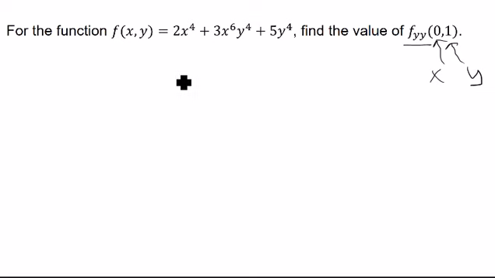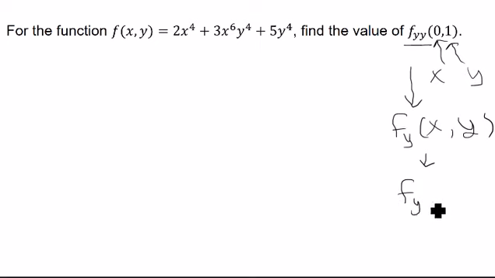Okay, so as before, this requires two steps. The first is f sub y, x comma y, and the second step after that is f sub y, x comma y. And of course, after you find the derivative, you just plug these values of x and y into their positions.